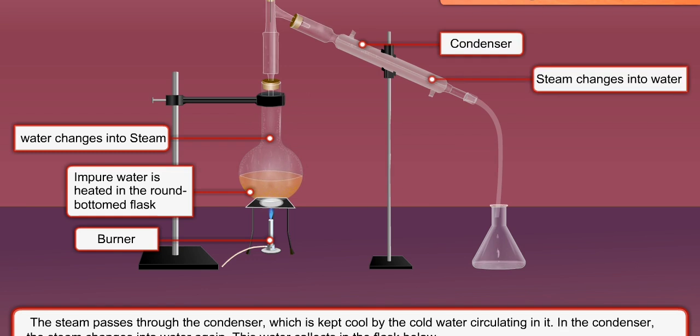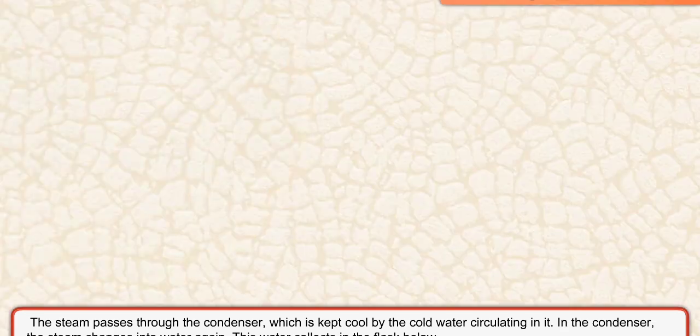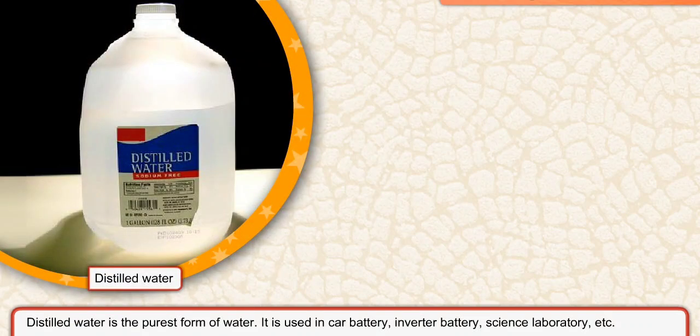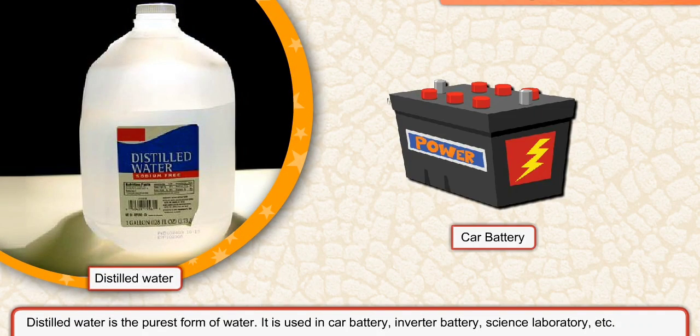In the condenser, the steam changes into water again. This water collects in the flask below. Distilled water is the purest form of water. It is used in car battery, inverter battery, science laboratory, etc.